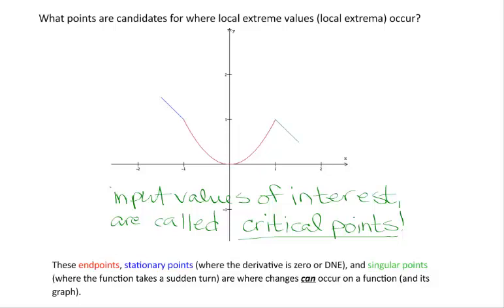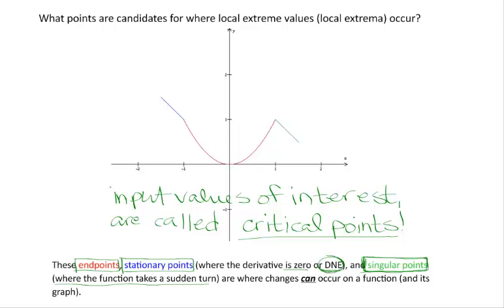The candidates that are critical points are endpoints, which has nothing to do with your derivative. Stationary points, where your derivative equals 0 or is undefined in a certain way. And singular points, which is another case where your derivative is undefined. This particularly is where your function takes a sharp turn, so your derivative does not exist.